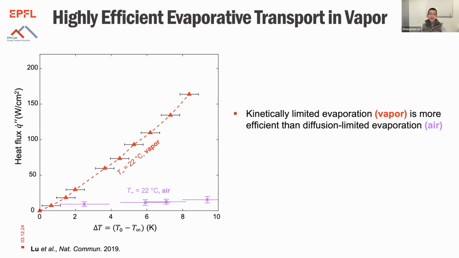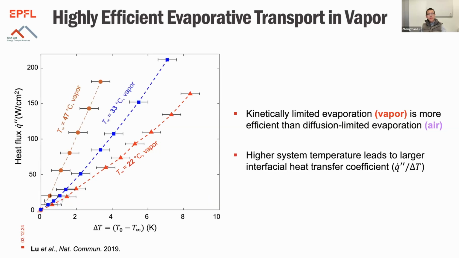So it's vapor kinetics that's dominating the transfer. It's not that surprising that the red data points have a much higher slope, or a much higher heat transfer coefficient, compared to the purple one in air, because by having a pure vapor environment, we are eliminating the diffusion resistance.